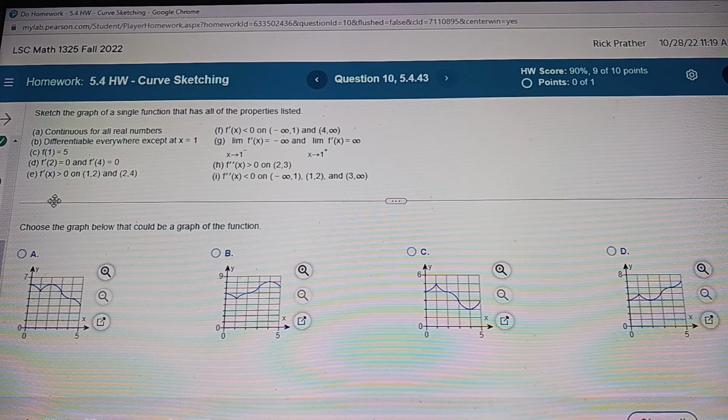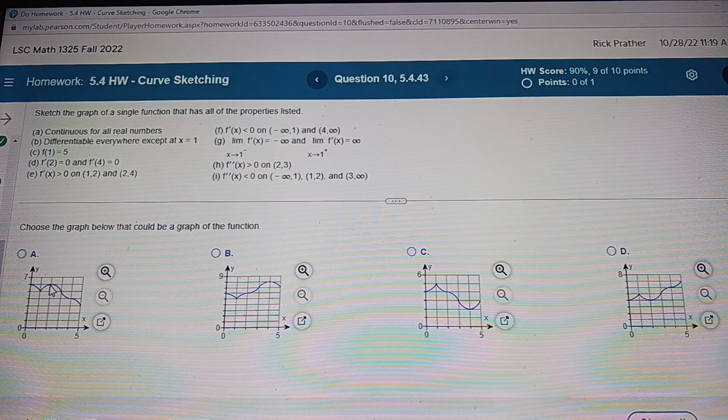Okay, here's the first time we're going to get to eliminate something. The first derivative is greater than 0, which means the graph is increasing from 1 to 2 and 2 to 4. From 1 to 2, you're increasing, and from 2 to 4, you're increasing. See, that one's out.